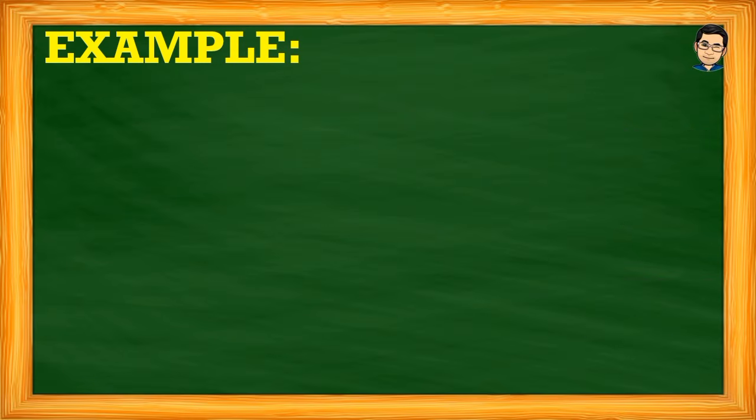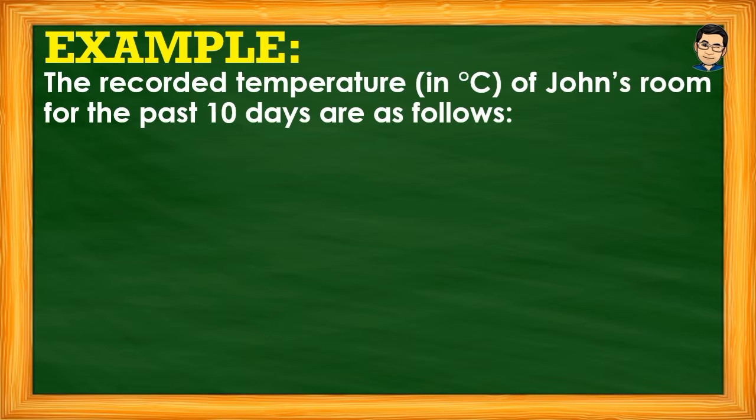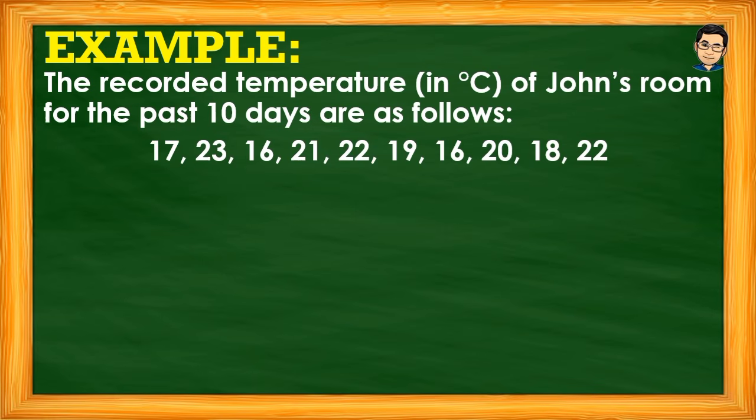So, to better understand the steps of linear interpolation, let's proceed to example number 1. The recorded temperatures in degrees Celsius of John's room for the past 10 days are as follows. These are the room temperatures recorded for the past 10 days in John's room.